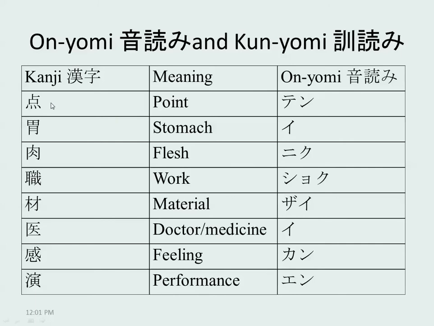We tend to use that word ten as we would a kunyomi reading, but it isn't. Likewise, stomach, e, only has an onyomi. Flesh only has an onyomi, as do all of these particular examples.